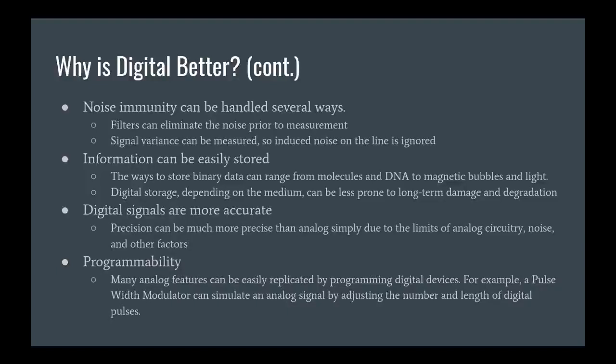Digital storage, depending on the medium, can be less prone to long-term damage and degradation. Now, if you consider a magnetic tape, magnetic tapes came about when analog basically ruled the earth. And it's the fluctuation of the magnetic waves within the tape that stored the data. You can store digital data on there too.